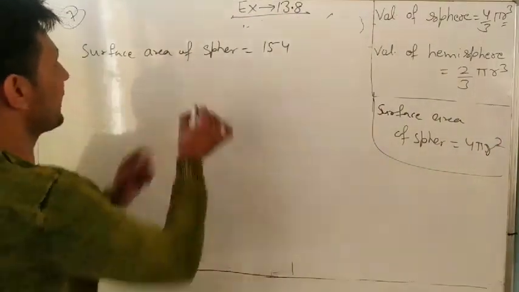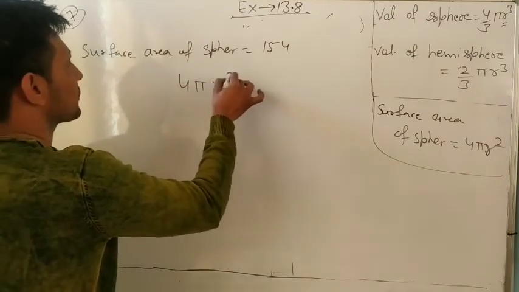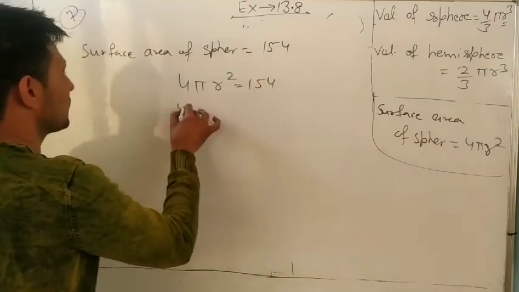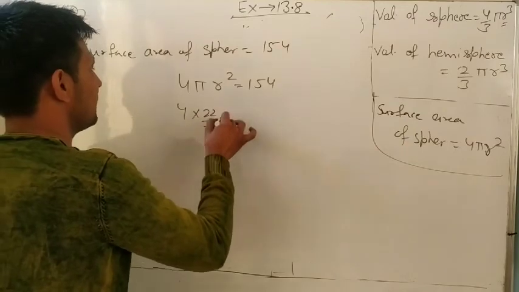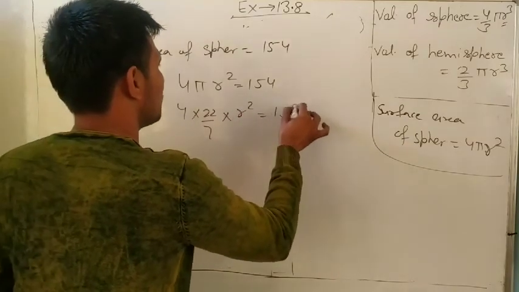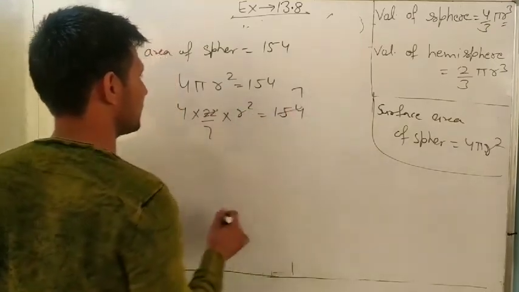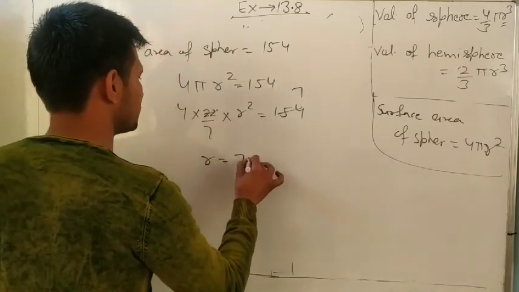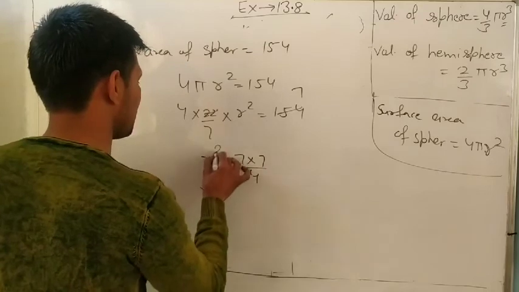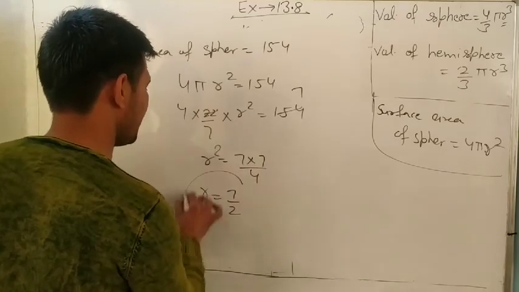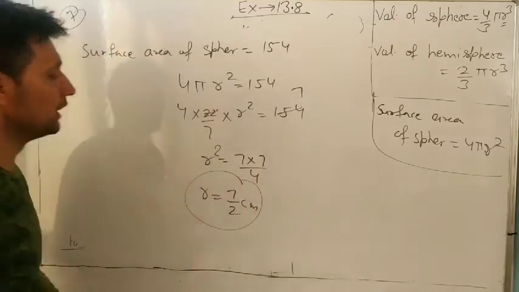So 4 pi r square equals 154. So 4 into 22 by 7 r square equals 154. Dividing by 22 on the other side, 22 by 7 cancels, so it is 7 into 7 divided by 4. It comes to 7 divided by 2. The radius is 7 by 2 centimeter.